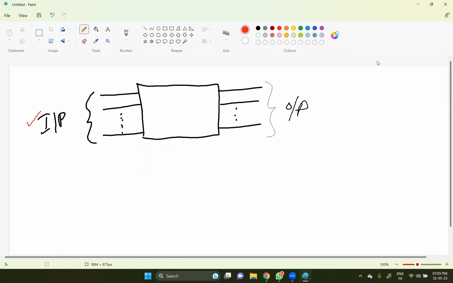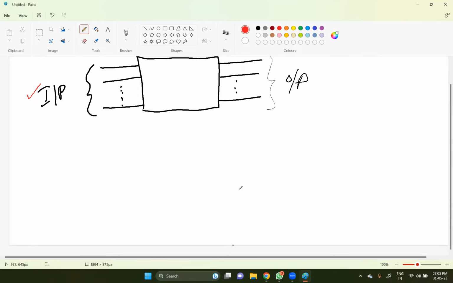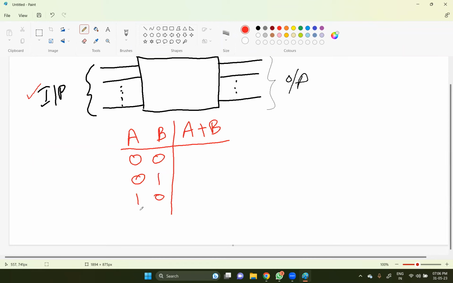Let us consider a half adder. You have only two inputs, A and B. The half adder always provides A plus B as its outcome. The input combinations are 0 0, 0 1, 1 0, and finally 1 1.